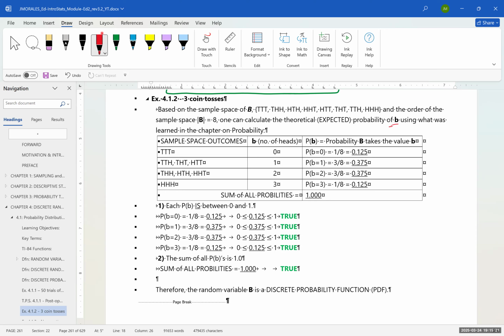So here are our sample space outcomes. The first outcome, getting 3 tails, means we had 0 heads. The probability of getting 0 heads would be 1 out of 8, or 0.125.